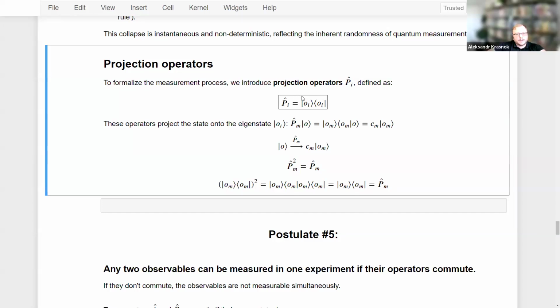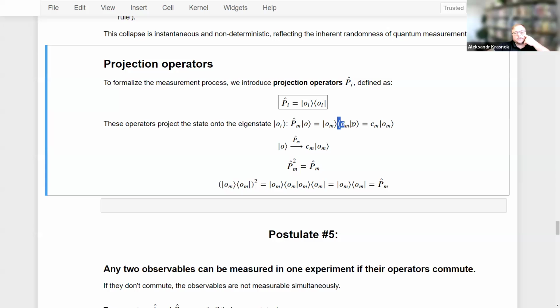If you now apply this projection operator on a general state, it is expressed in this way. So this is the projection operator, this is the general state.